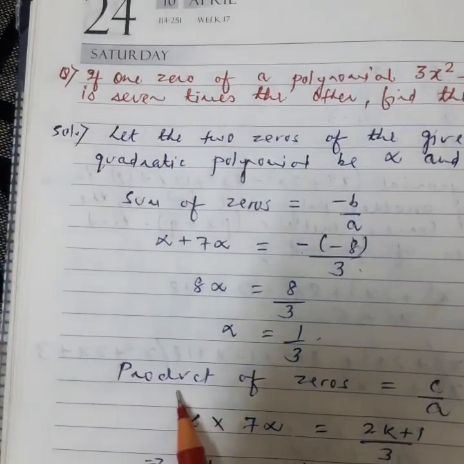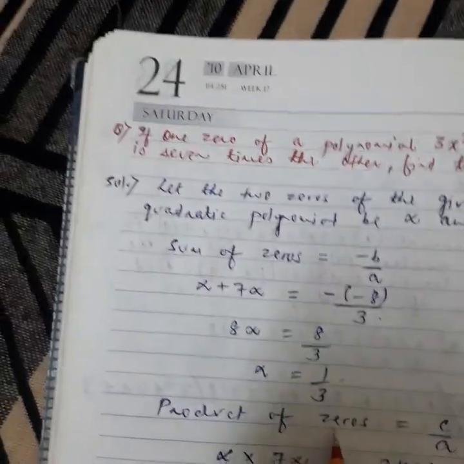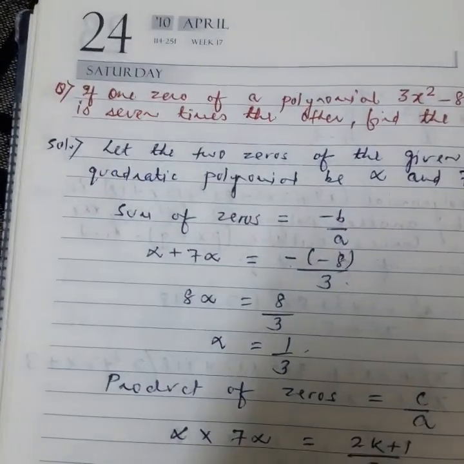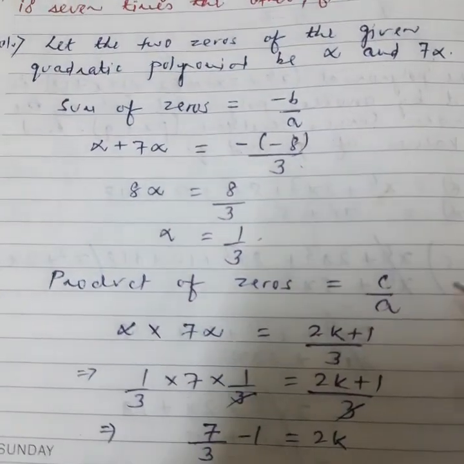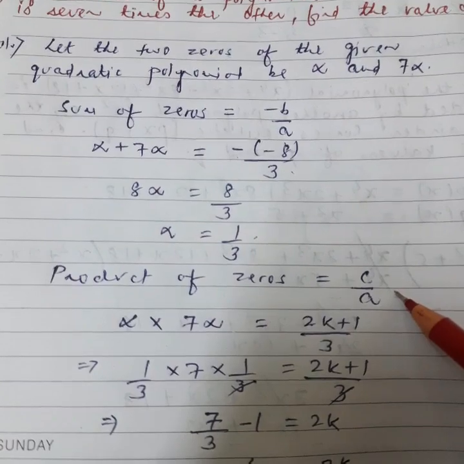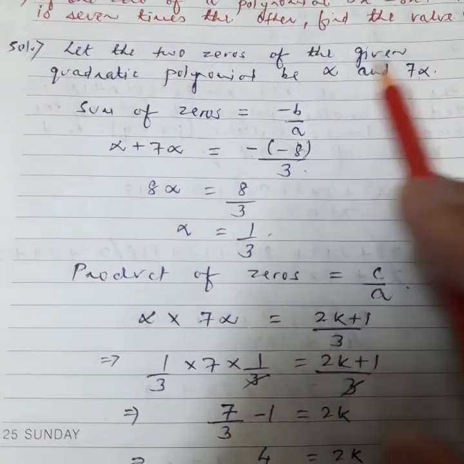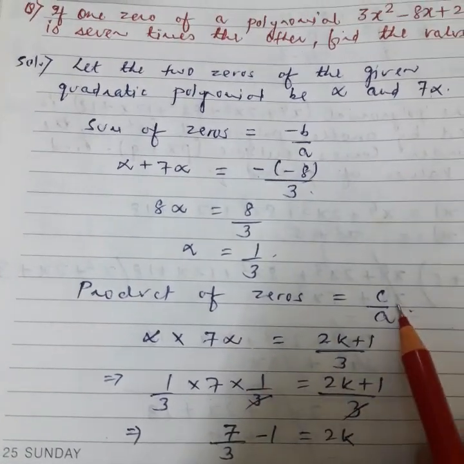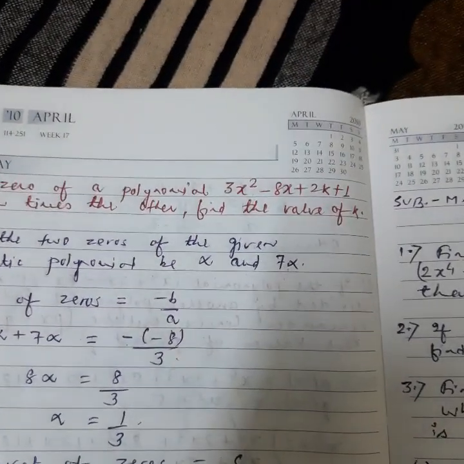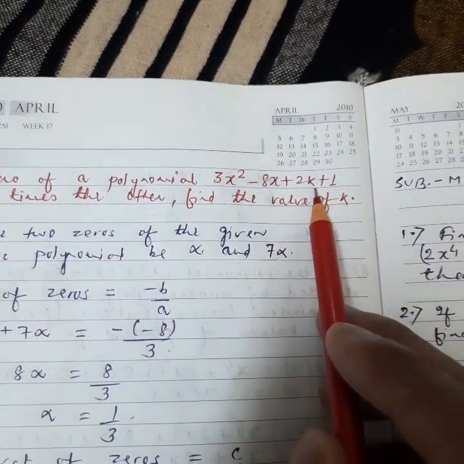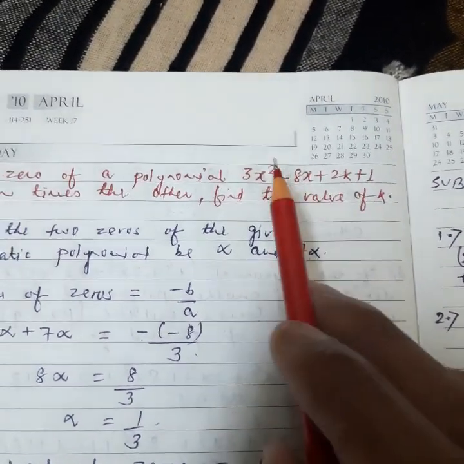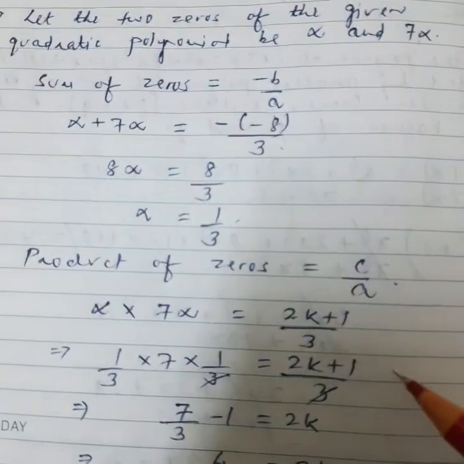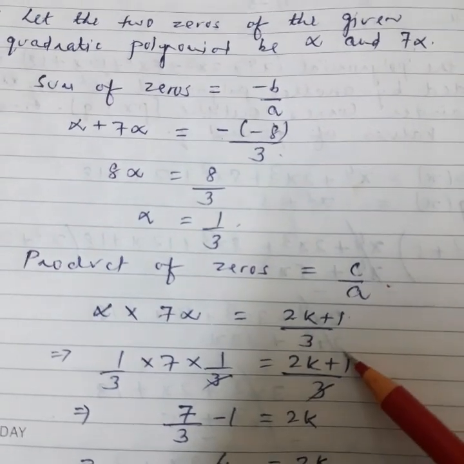Now let's use the product of zeros. Product of zeros in the quadratic polynomial is c by a. Again put the zeros alpha and 7 alpha, that is alpha into 7 alpha. The value of c you can observe in the polynomial, that is 2k plus 1, and the value of a is 3. So here it is 2k plus 1 by 3.